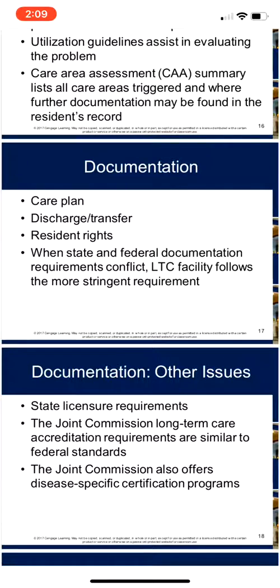Number 1, the transfer or discharge is necessary for the resident's welfare, and the resident's needs cannot be met in the facility. Number 2, the transfer or discharge is appropriate because the resident's health has improved sufficiently so the resident no longer needs the services provided by the facility. Number 3, the safety of individuals in the facility is endangered.